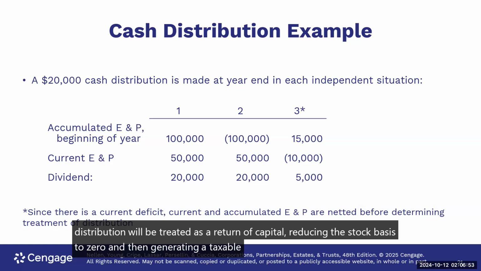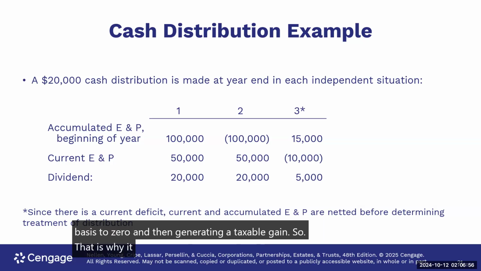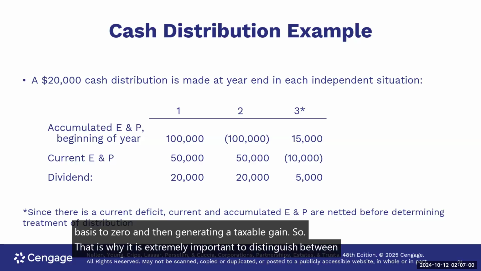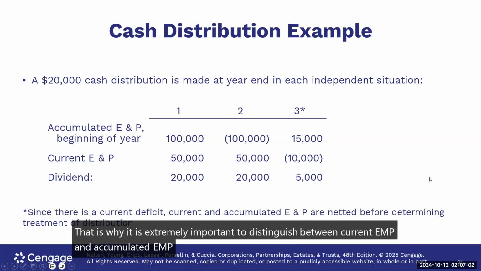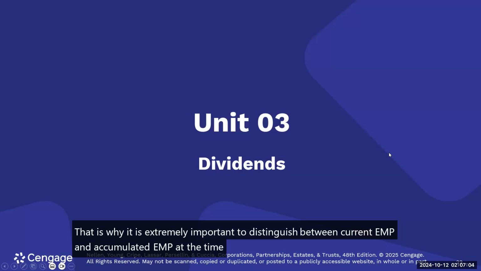So again, that is why it is extremely important to distinguish between current E&P and accumulated E&P at the time of distribution. This brings us to Unit 3, dividends.